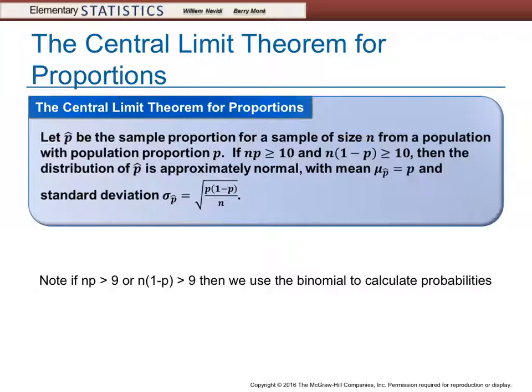We want to make a note here that if np is not greater than 10, or n times 1 minus p is not greater than 10, then we use the binomial to calculate probabilities.